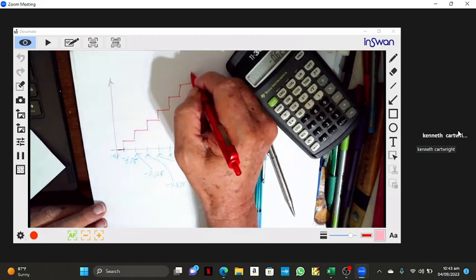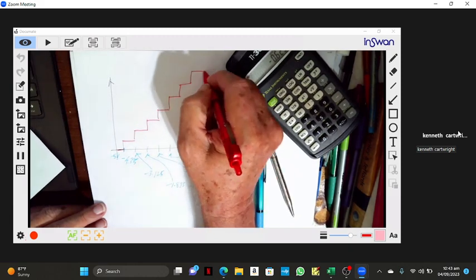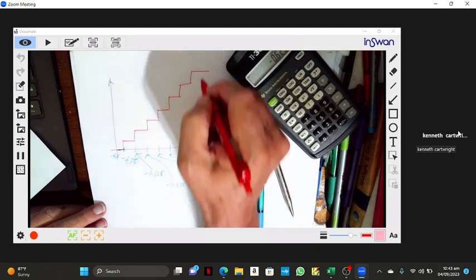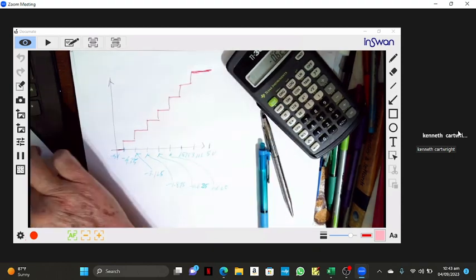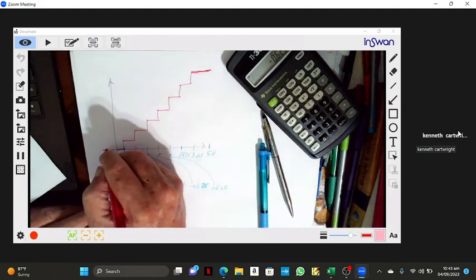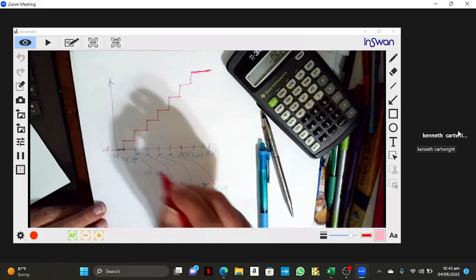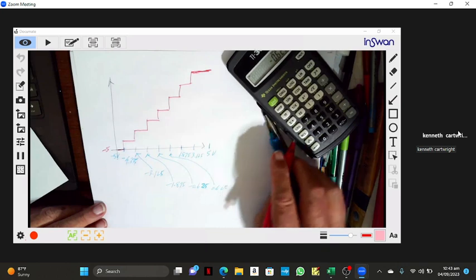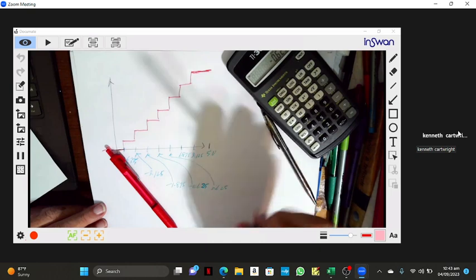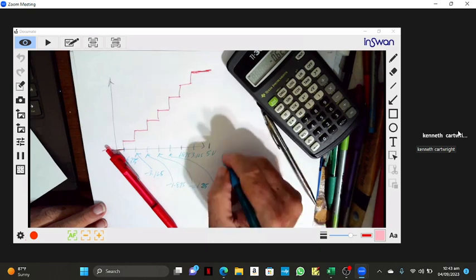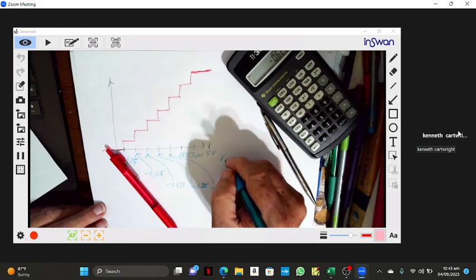The last one. The last one's the longest one. Let's make it 5. So this here is the 5 volts. This here is VQ.